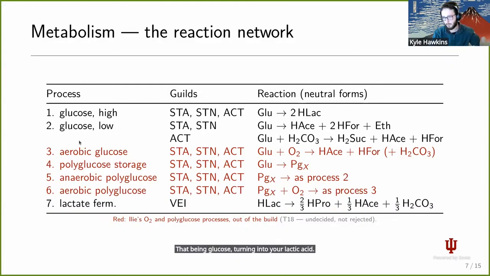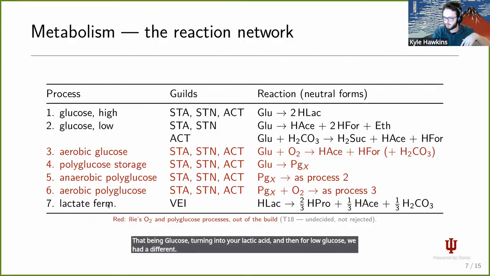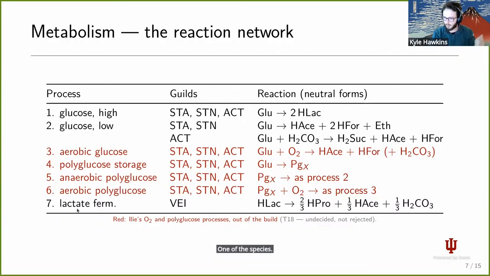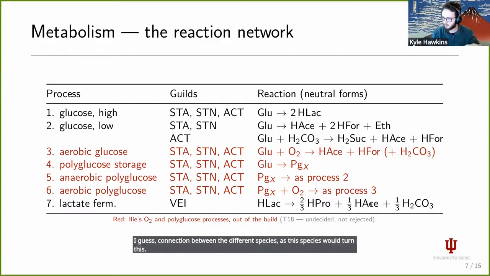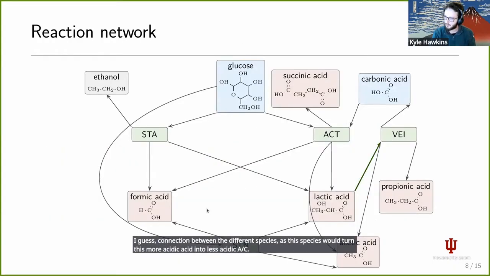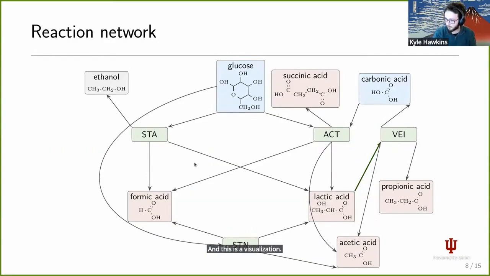And then for low glucose, we had a different reaction process. And for one of the species, I think VEL, they had lactate fermentation. So that gave some connection between the different species, as this species would turn more acidic acids into less acidic acids. And this is a visualization of the network.